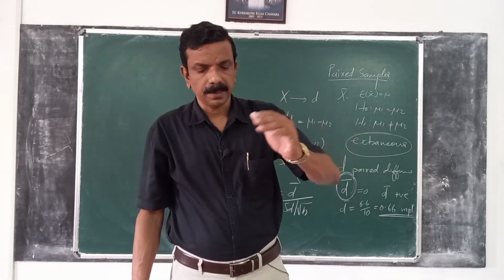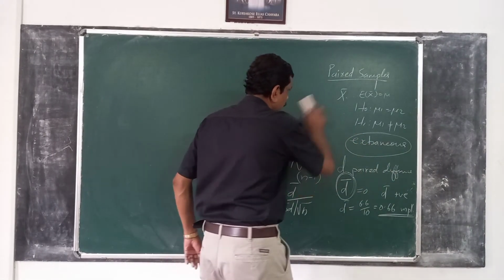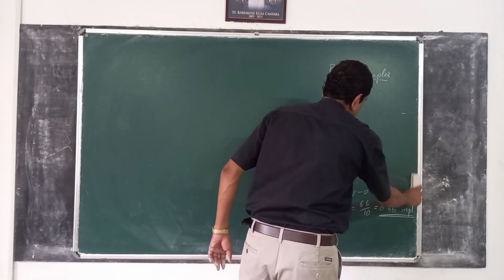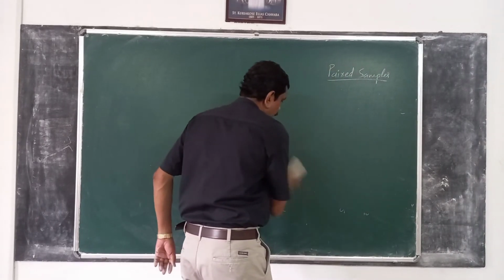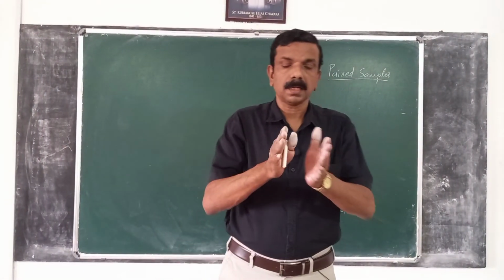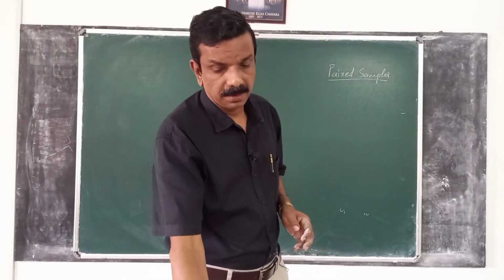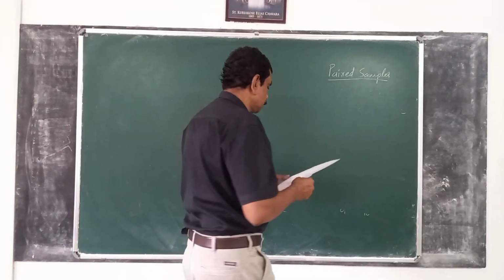Now let me formalize this. For the paired t, the steps are: we assume simple random paired samples, normal differences or large samples.